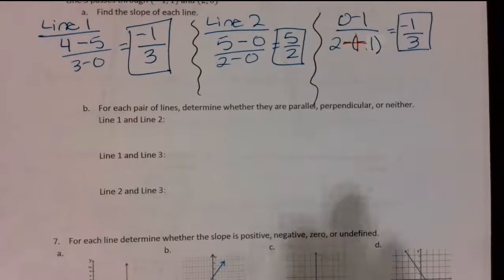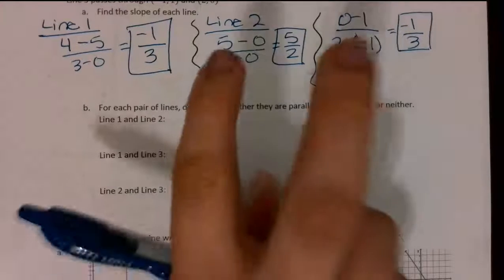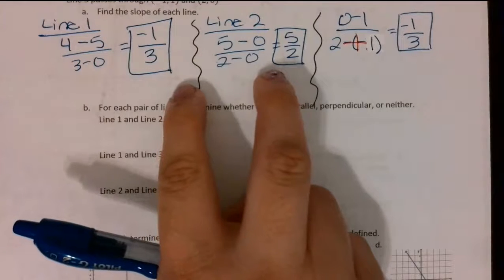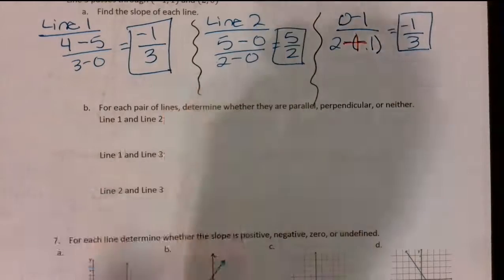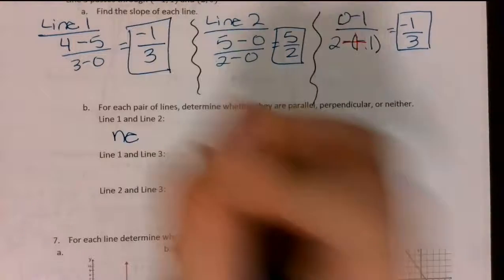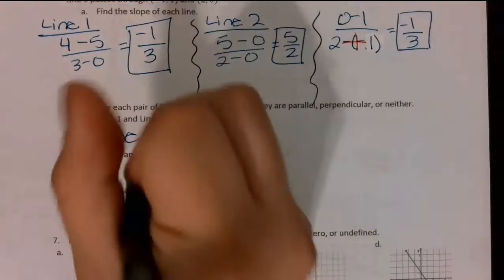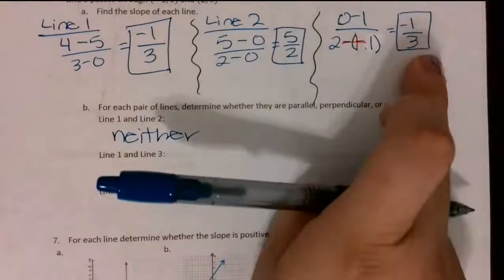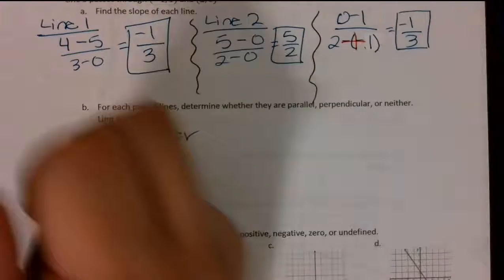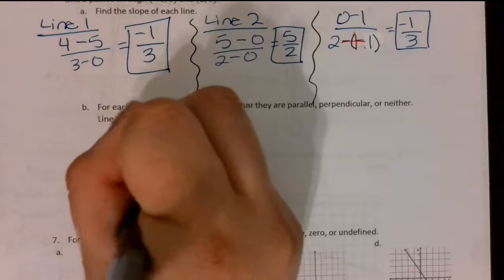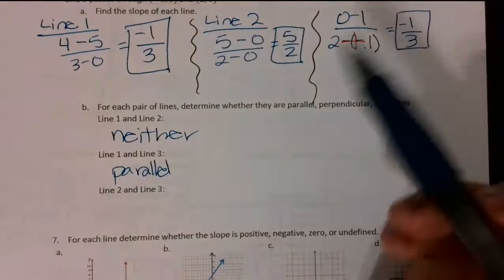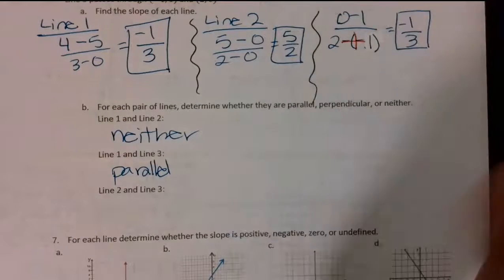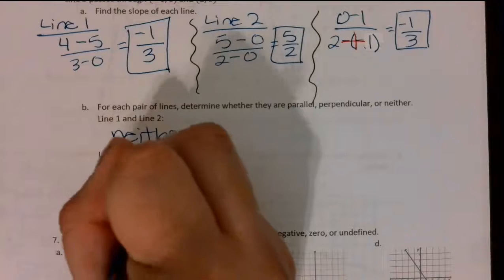Okay. B wants me to decide if each pair of lines are parallel, perpendicular, or neither. So if I look at line 1 and 2, they have completely different numbers in their fractions, so this one is neither. Line 1 and 3, they are exactly the same. That means they are parallel. And 2 and 3, different numbers, so they're neither.